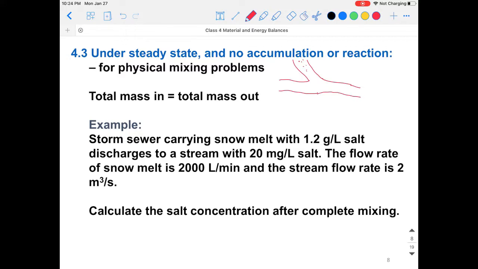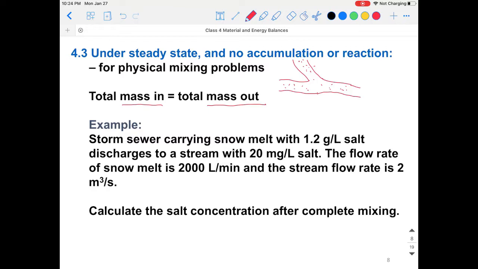Let's say there are suspended solids in the stream, and if they mix together, at any location there's no accumulation or reaction taking place. This gives us basically complete mass conservation, right? Whatever goes in should be equal to whatever comes out.